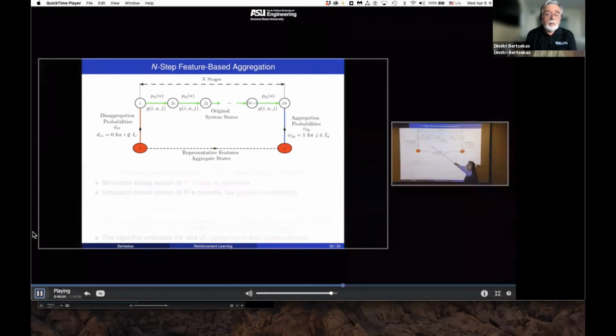Suppose now that instead of a single transition before going down, I use n transitions. What would be the benefit of using this multi-stage structure versus using the structure where n is equal to 1?